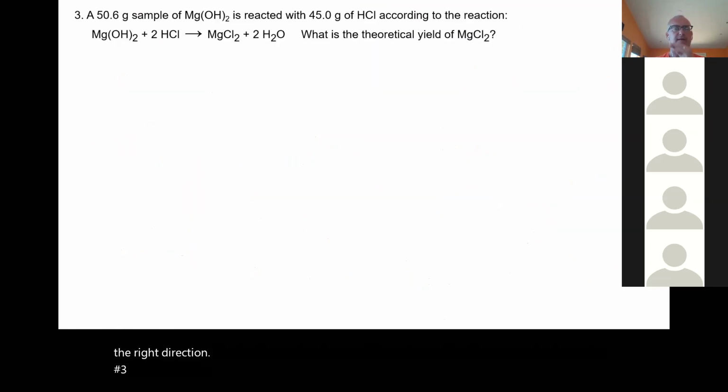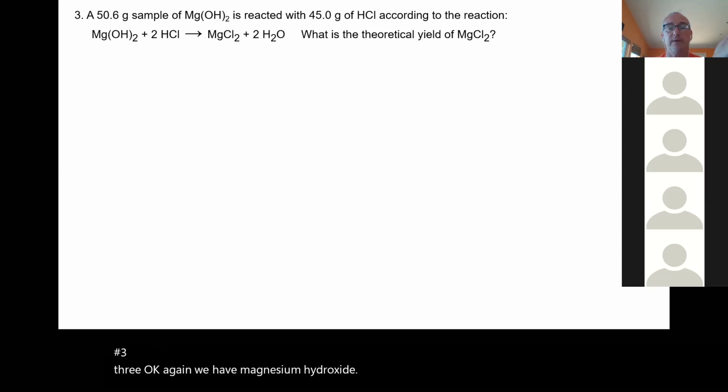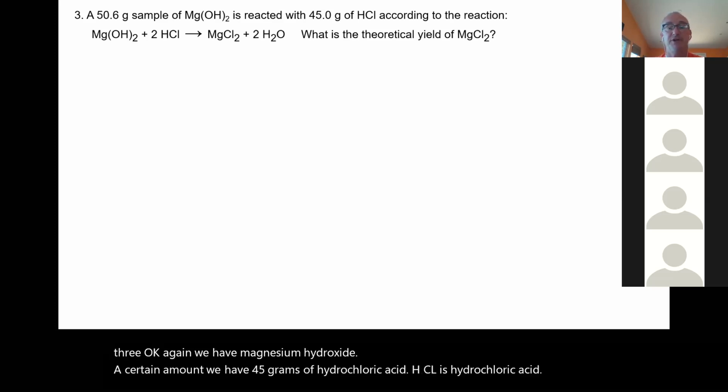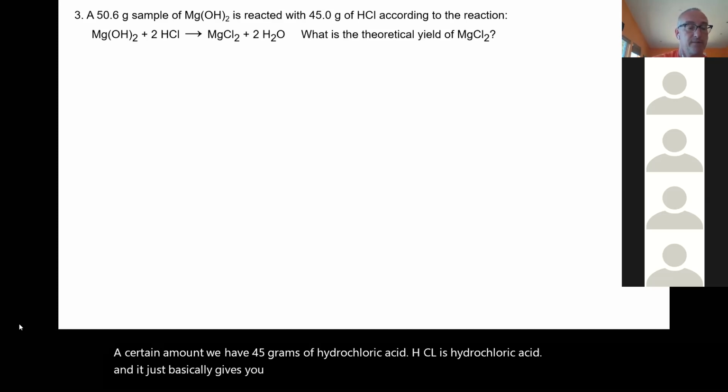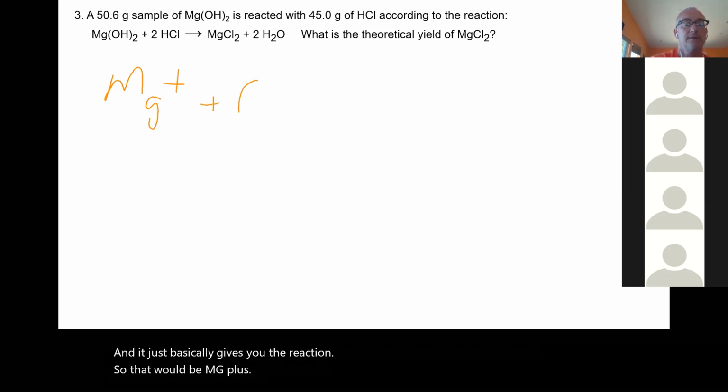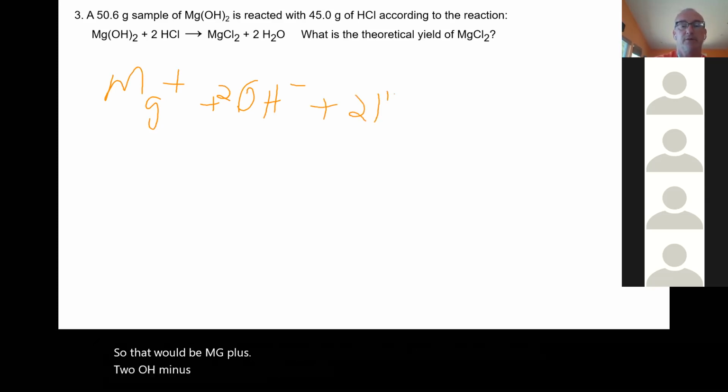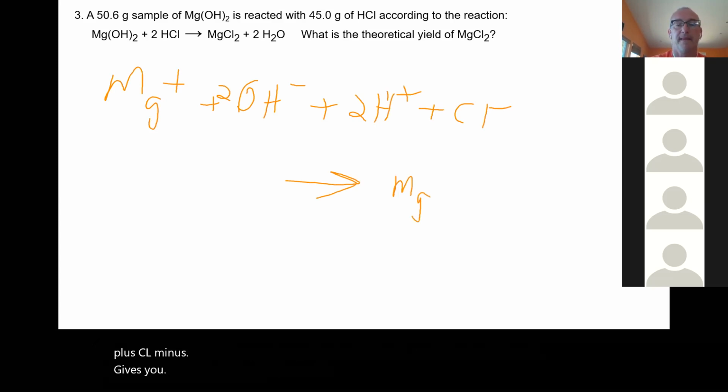Okay. So again, we have a certain amount of magnesium hydroxide. We have 45 grams of hydrochloric acid. HCl is hydrochloric acid. And it basically gives you the reaction. So that would be Mg plus 2OH minus plus 2H plus 2Cl minus gives you Mg plus 2Cl.